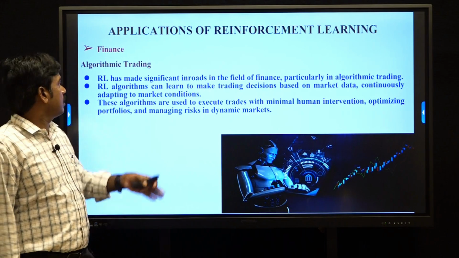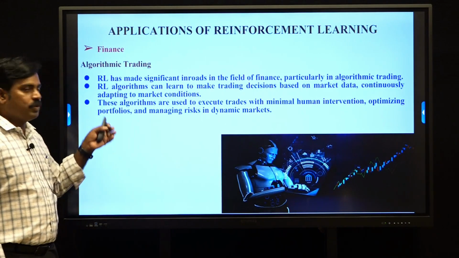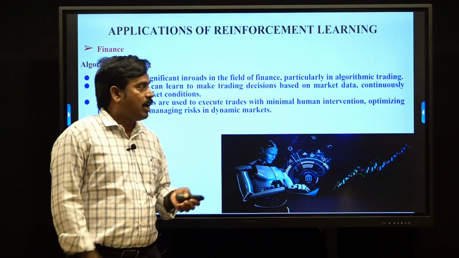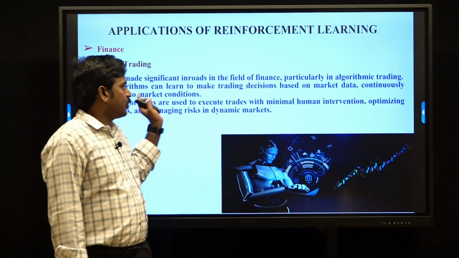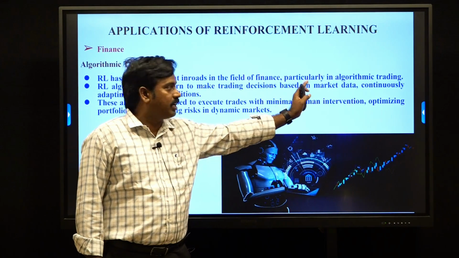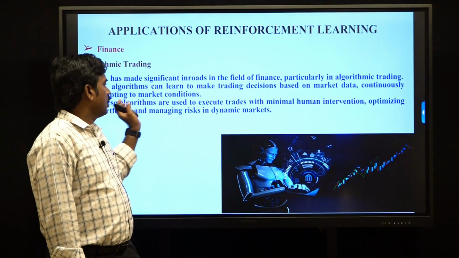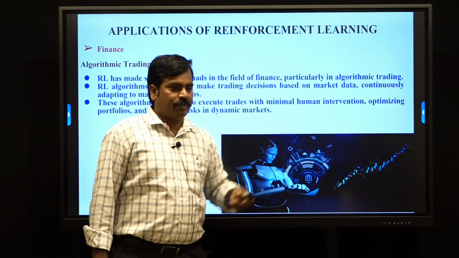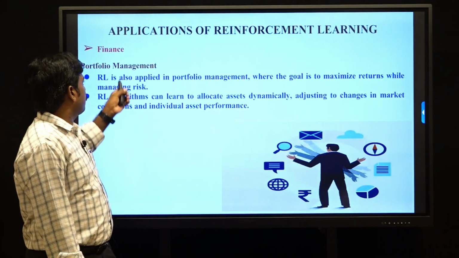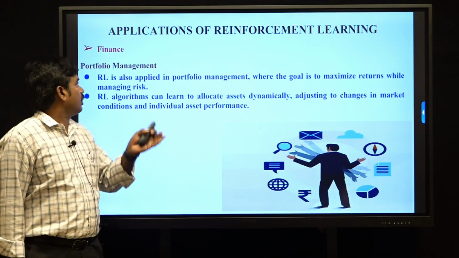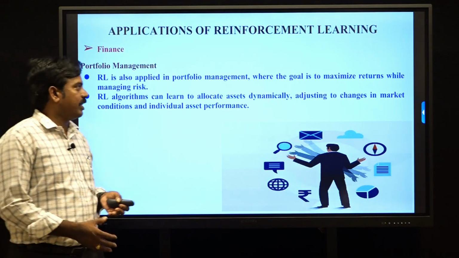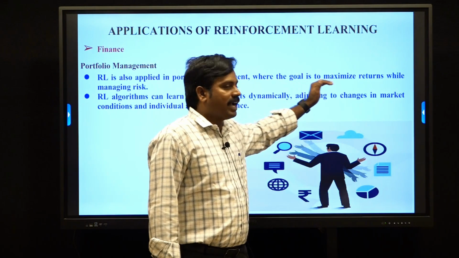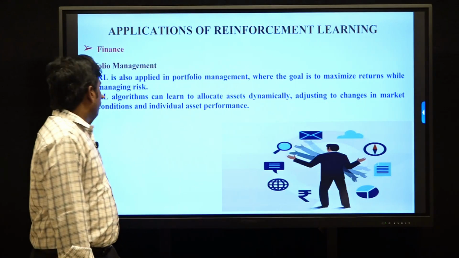Next, we use reinforcement learning in finance, for algorithmic trading. The algorithms analyze the market trends, and based on that, they execute trades with minimal human intervention. The next is portfolio management, where the goal is to maximize returns while managing risk.